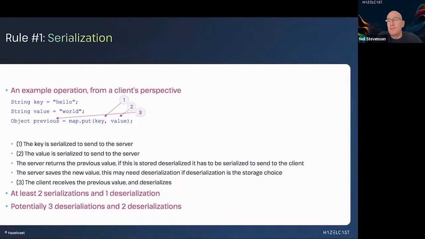So if you say store it serialized, it arrives serialized, you don't have to do anything. If you say store it deserialized, it arrives serialized and has to be deserialized. And lots of work going on in terms of network transfer and computation to do the serialization and deserialization. Now, for a word like hello, it's not a lot of computation, but it's not zero.